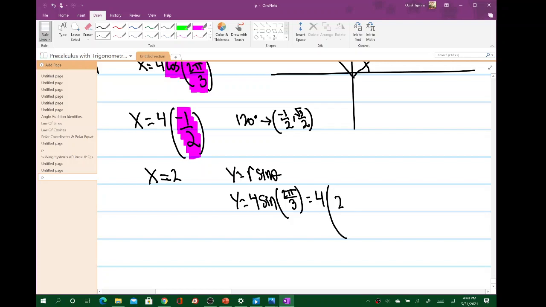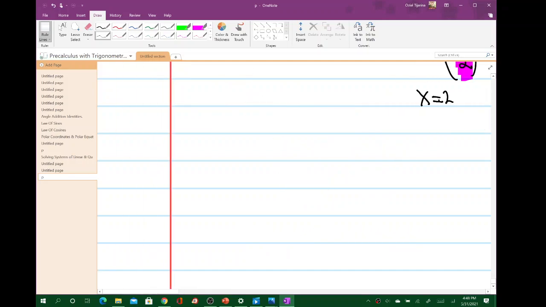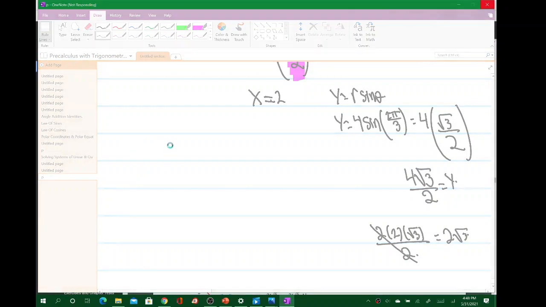My bad, square root 3 over 2. So then you have 4 square root 3 over 2 equals y. So then it would be 2 times the square root of 3 all over 2, so you're going to cancel this out. You're going to get 2 square root 3, right? So you have x equals negative 2, y equals 2 square root 3. So your rectangular coordinate would be negative 2 comma 2 square root 3.